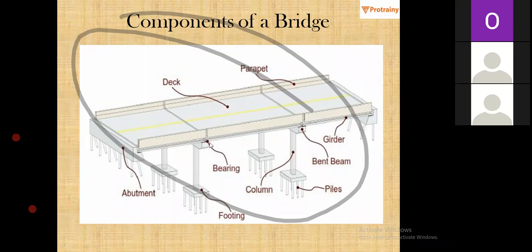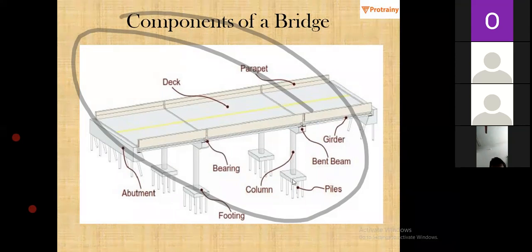So this deck is resting over these columns, and then these columns, just like any structure, are resting over foundations. It can be a pile foundation, it can be a caisson foundation, or it can be an isolated footing as well, depending upon what kind of obstacle we have to cross. So this is what a bridge is composed of.